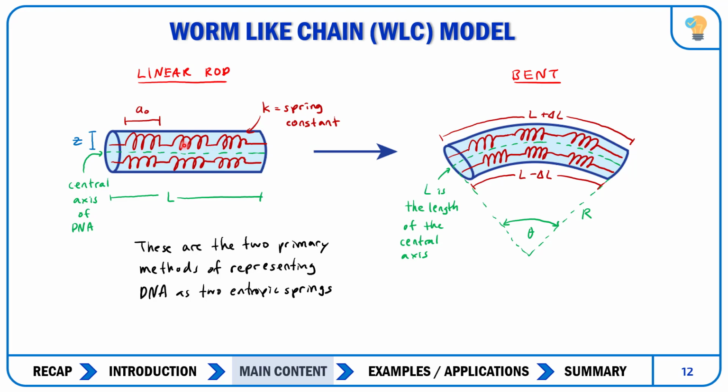Because you have a double helix, you end up with two of these entropic springs. Basically, when you bend your DNA, you end up with a stretched set of springs at the top and a compressed set of springs at the bottom.